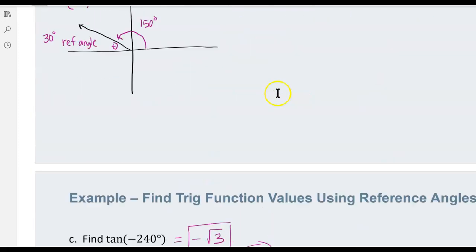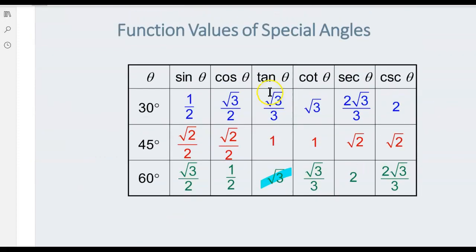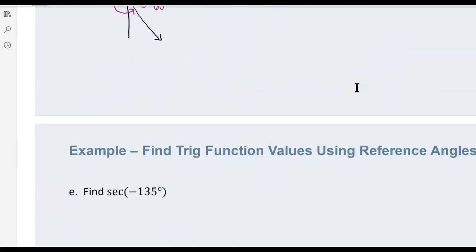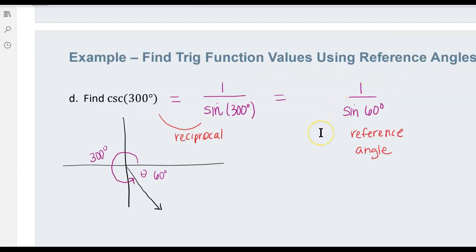All right, what was the sine of 60 degrees? The sine of 60 degrees was square root of 3 over 2. So we think that this is going to be 1 over square root of 3 over 2, or taking the fraction and flipping it upside down, 2 over square root 3. We'll rationalize that.